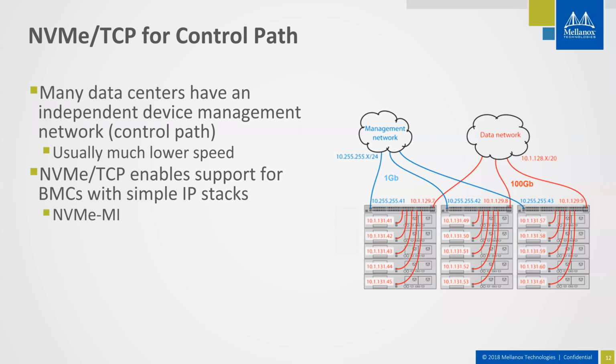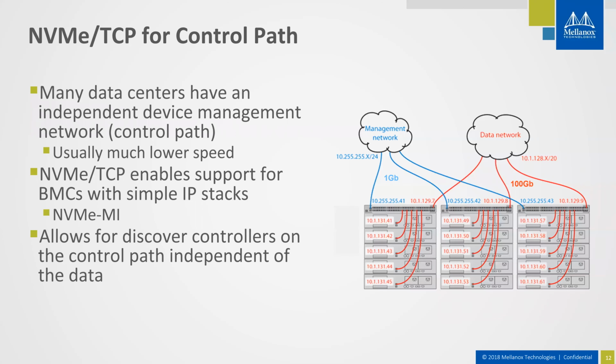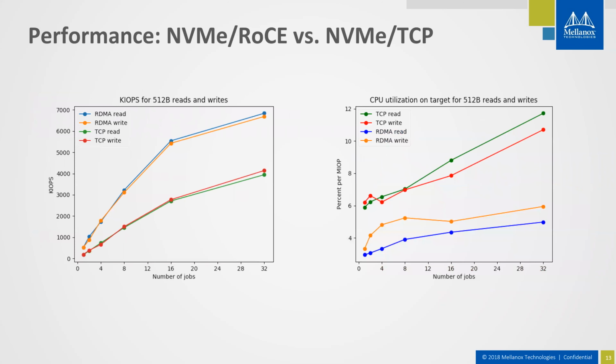These baseboard managers are very small, low-powered CPUs with very simple operating systems. But of course, they support TCP, and so this allows the NVMe management protocol called NVMe-MI to use these independent control path networks, these out-of-band networks, to get connectivity.